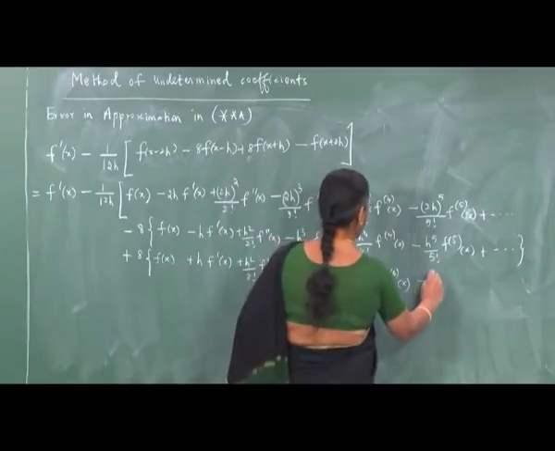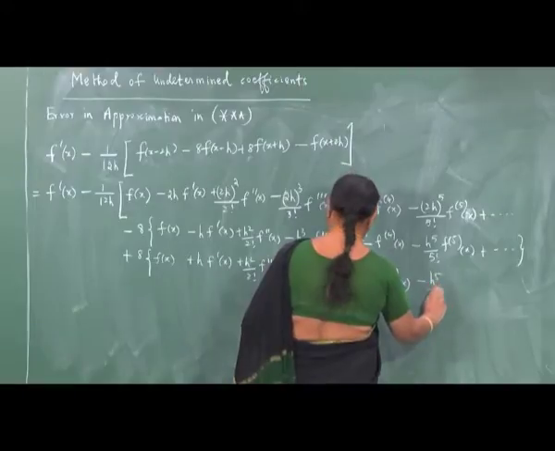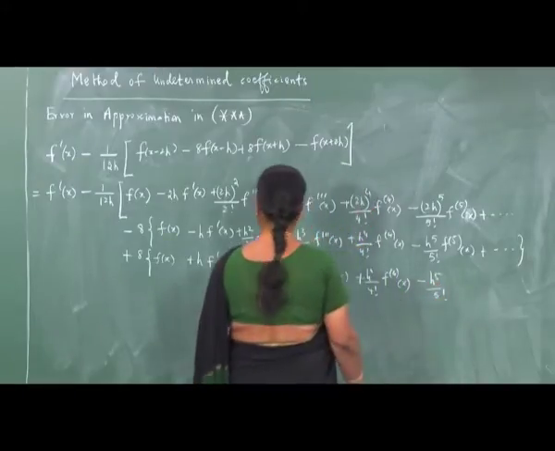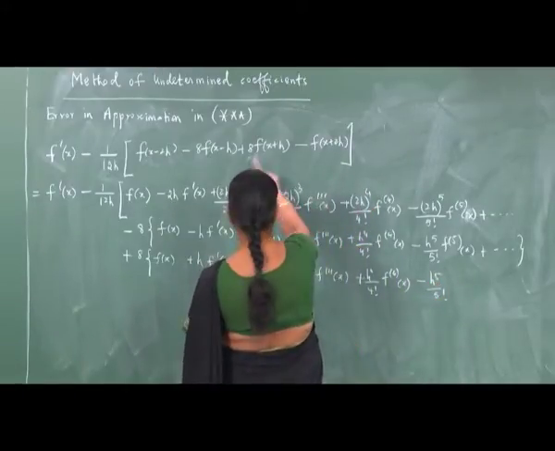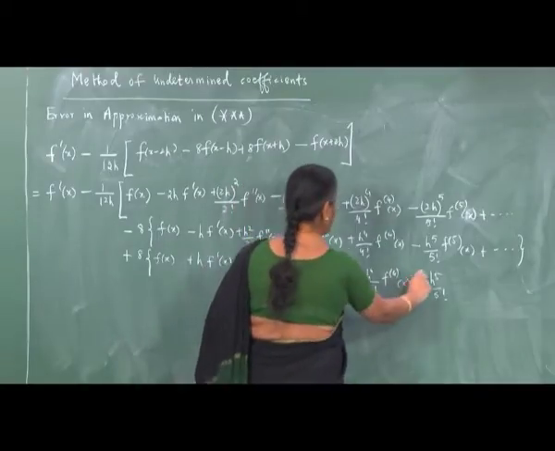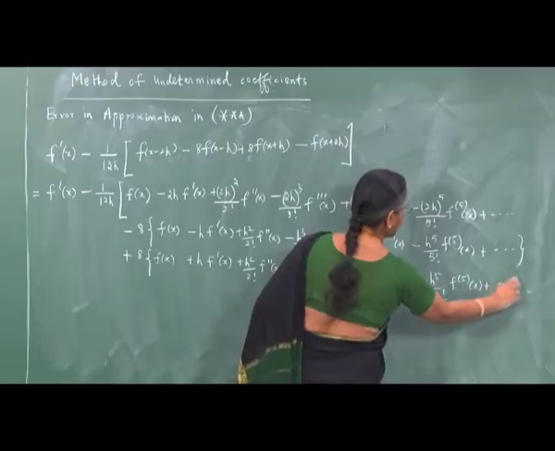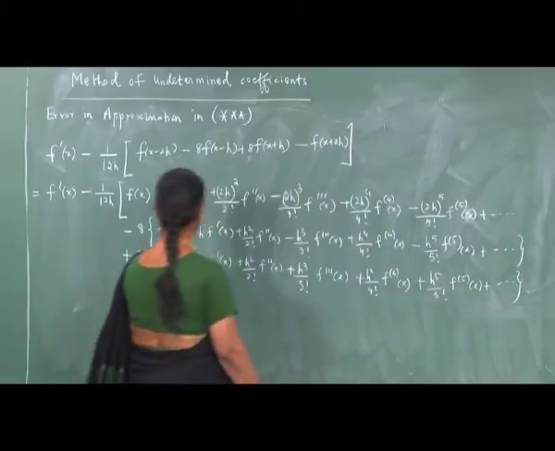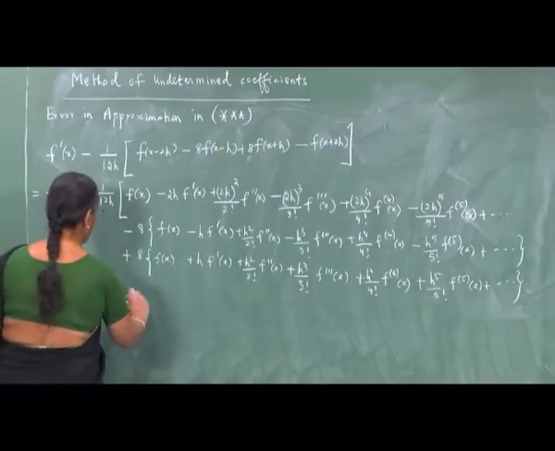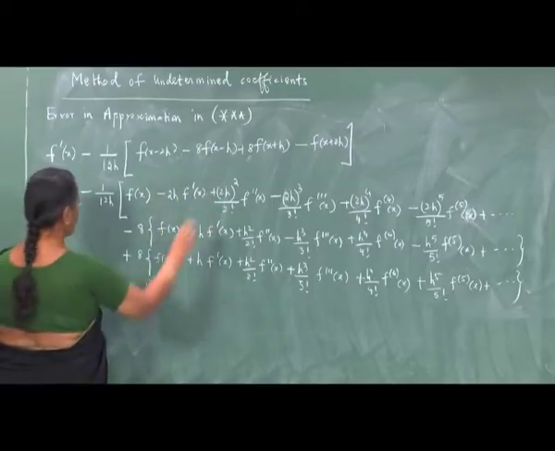Then minus h power 5 by factorial 5. This is f of x plus h. So, all the terms will have positive signs, fifth derivative at x plus etc. And then I have the last term, which is minus f of x plus 2h.